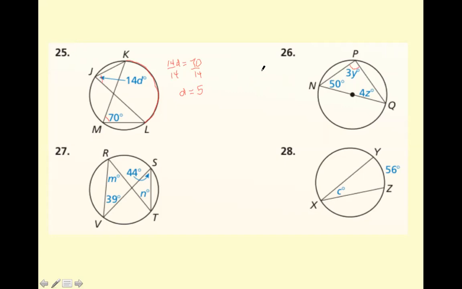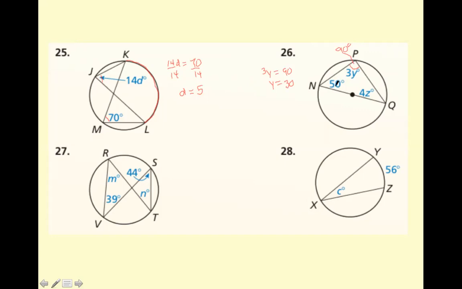If I want to figure out what y is, I'm going to write 3y equals 90. If I divide by 3, that gives me y is equal to 30. So far we have that this angle here is 90 degrees, and we have 50 degrees, for a total of 140 degrees.